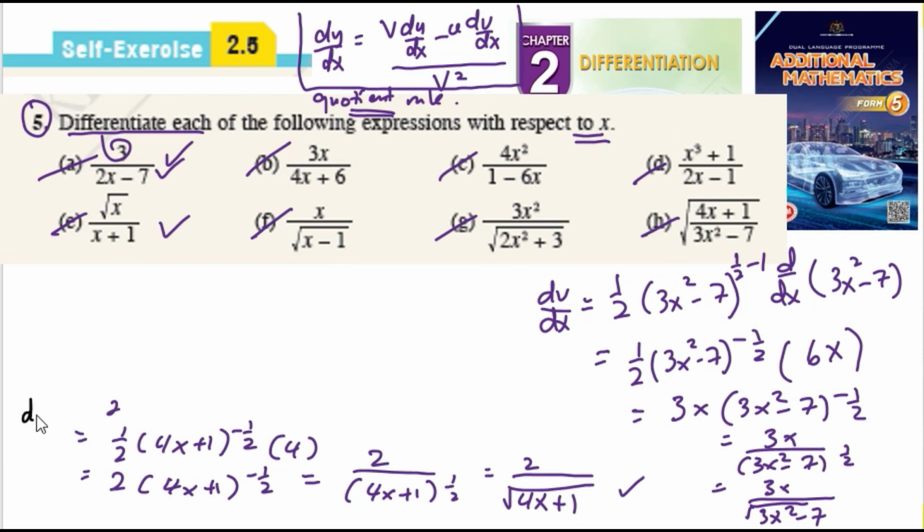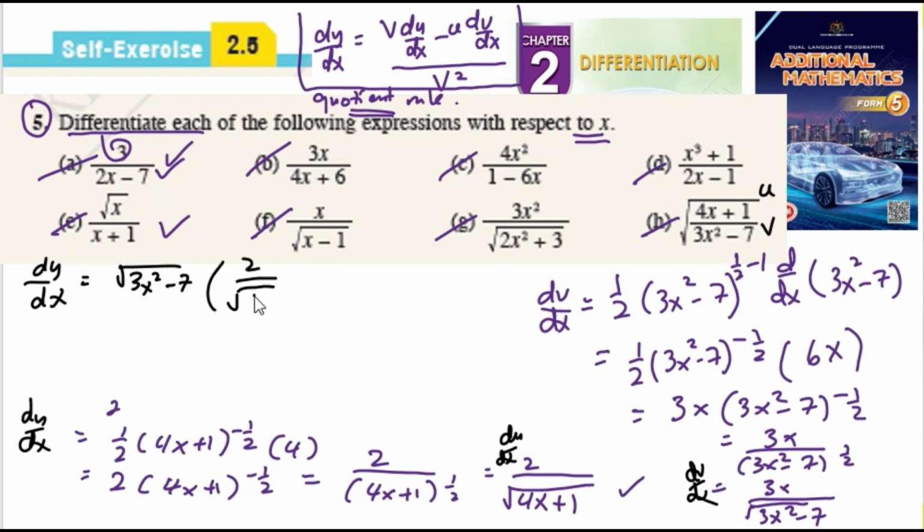So here this is du over dx just now, right? This one is du over dx, and this one is dv over dx. So for dy over dx is equal to, so our v, you know this one is u, this one is v, the below one is v, so v is 3x squared minus 7. So du over dx is this one times 2 divided by the square root of 4x plus 1.